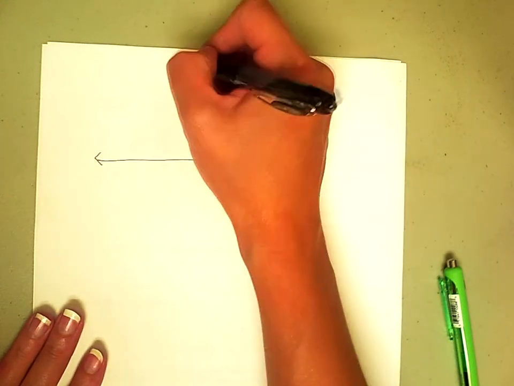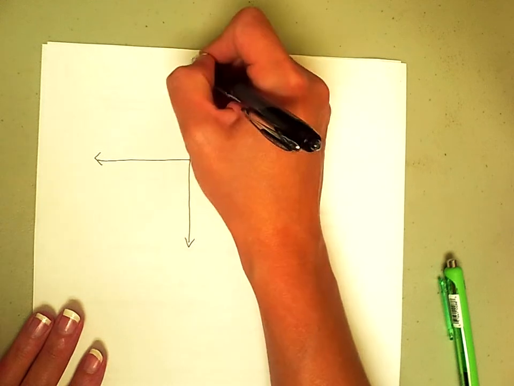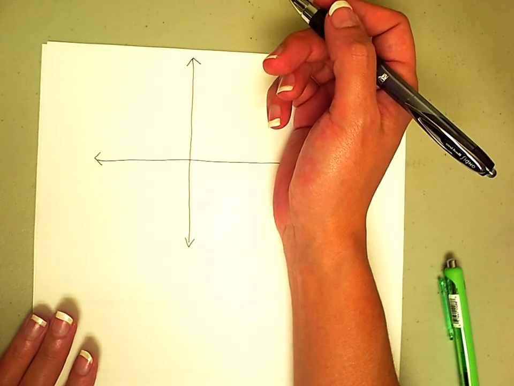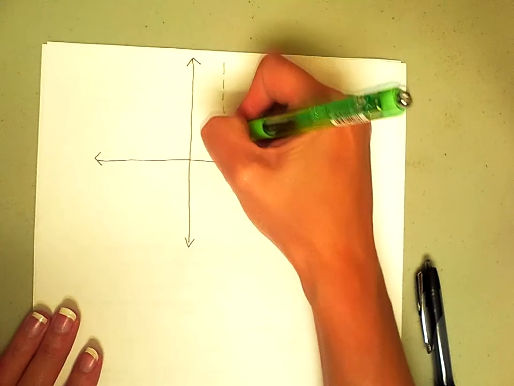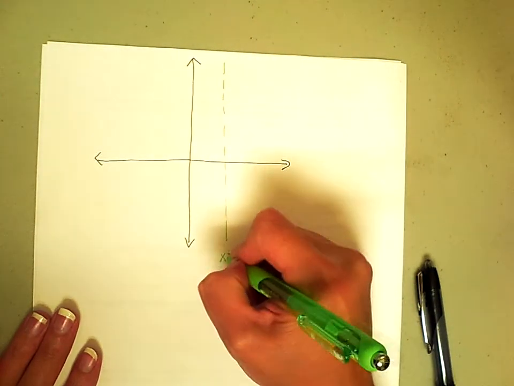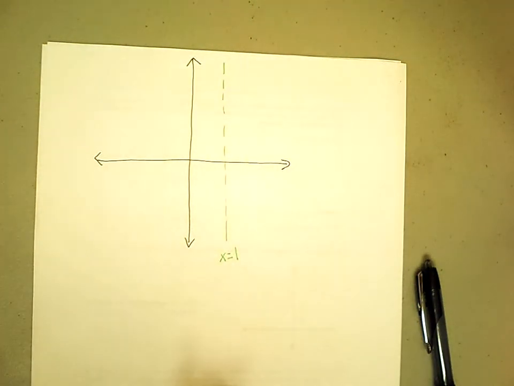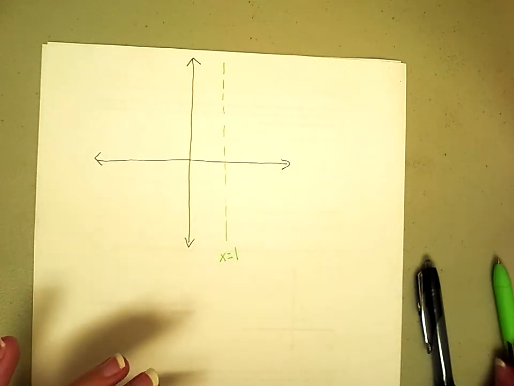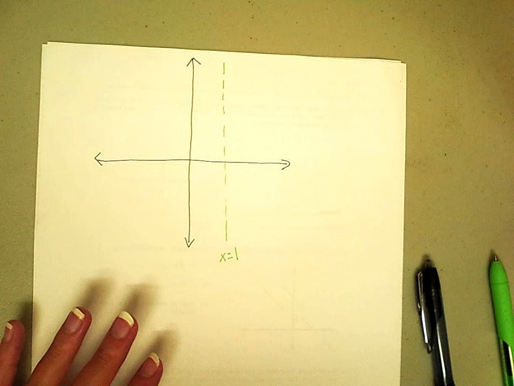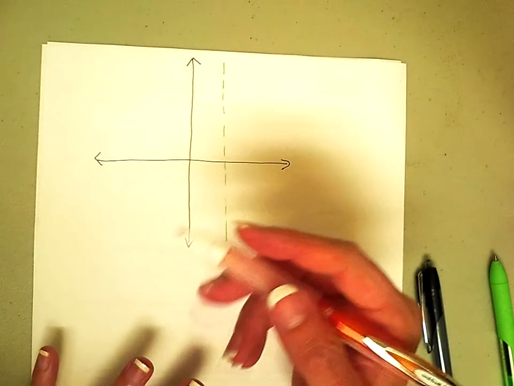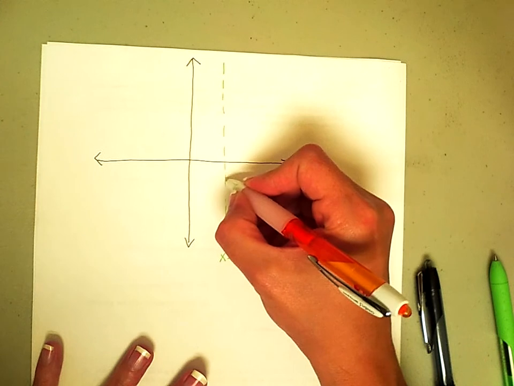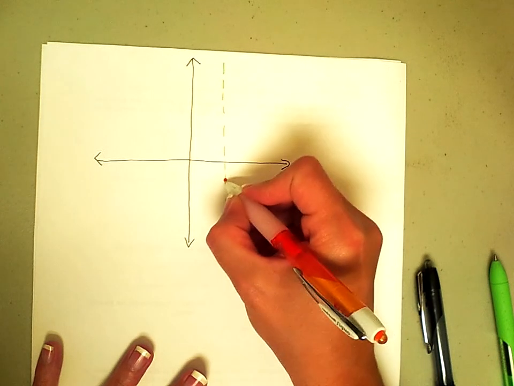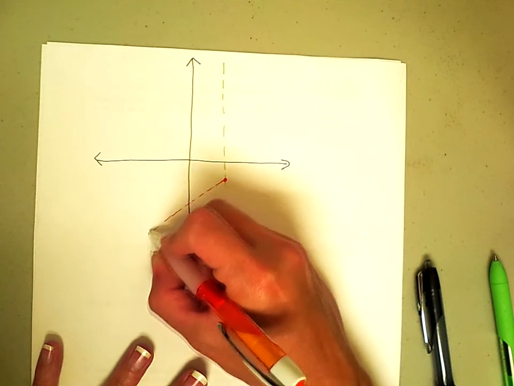We have a vertical asymptote at x equals 1. We also have an oblique asymptote, y equals 2x minus 3.